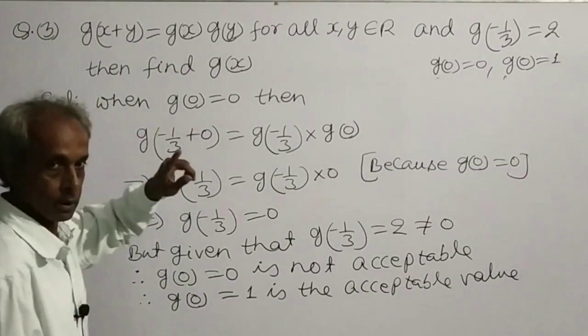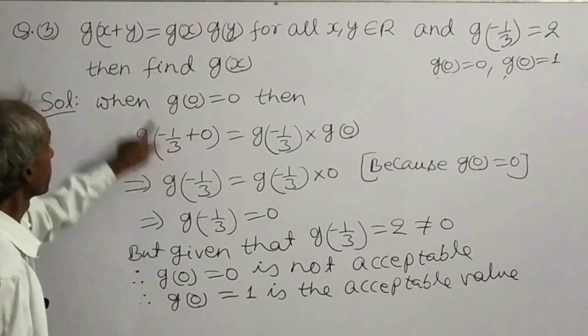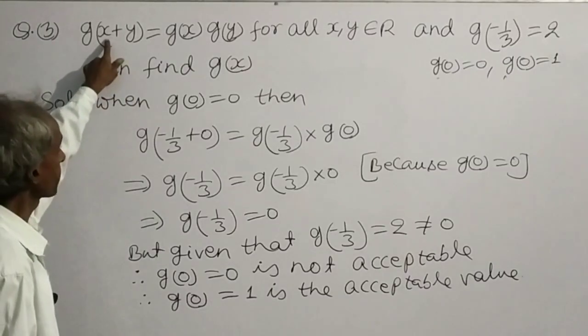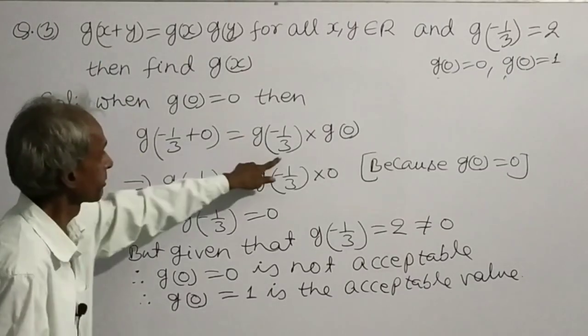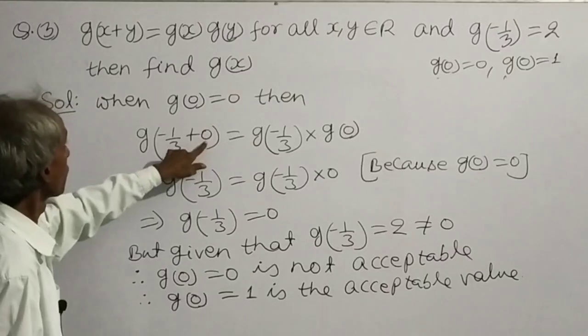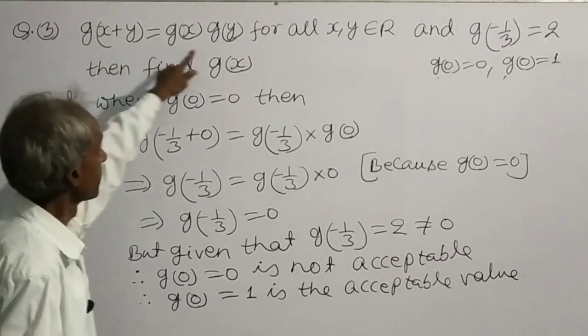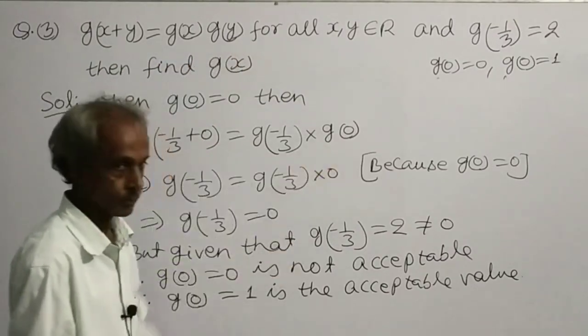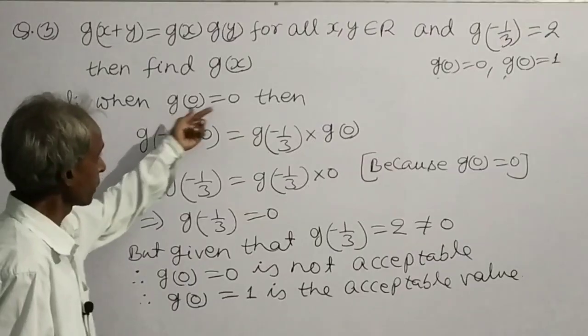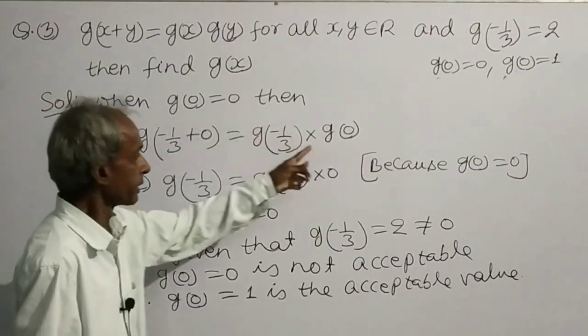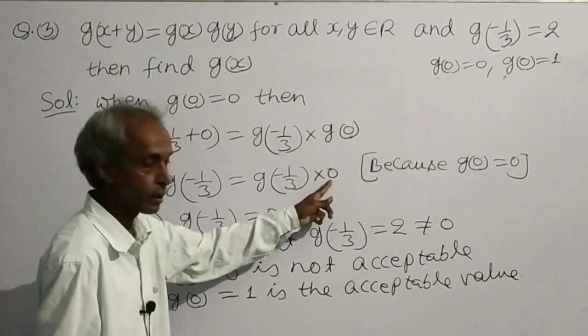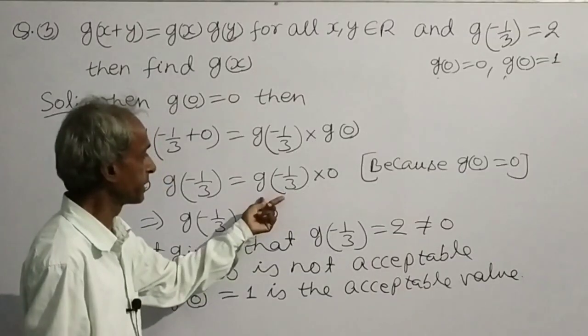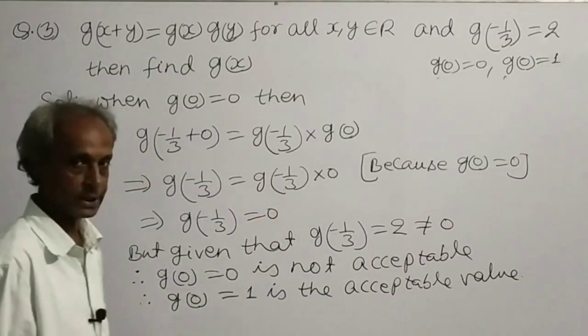We put -1/3 in place of x here, and 0 in place of y here. If g(0) is equal to 0, then we write 0 here. 0 times g(-1/3) will be 0.